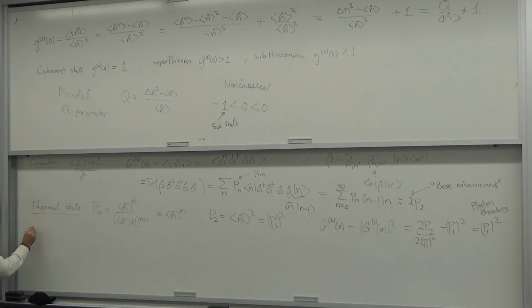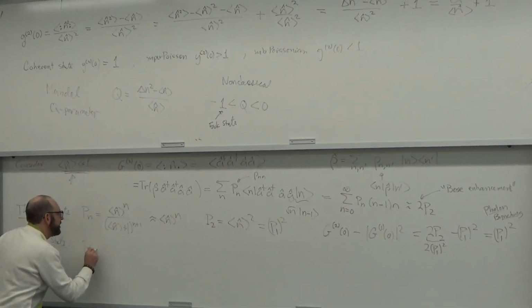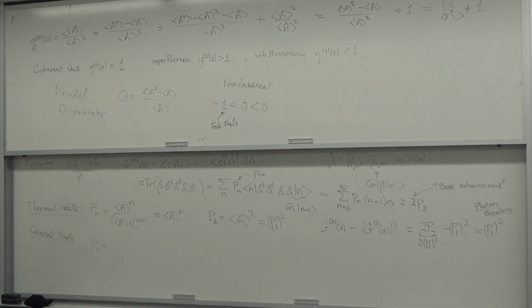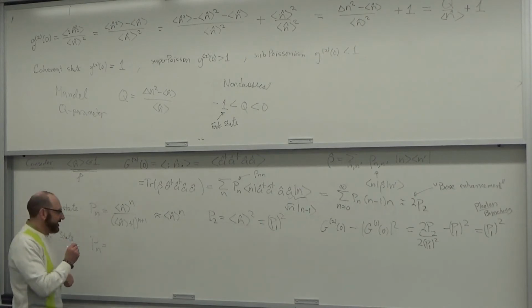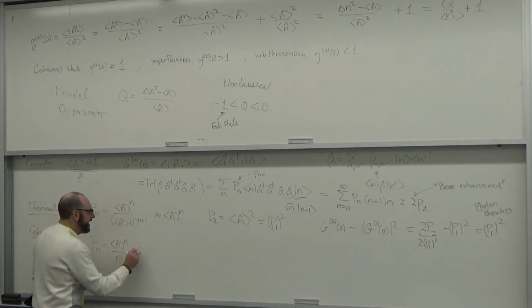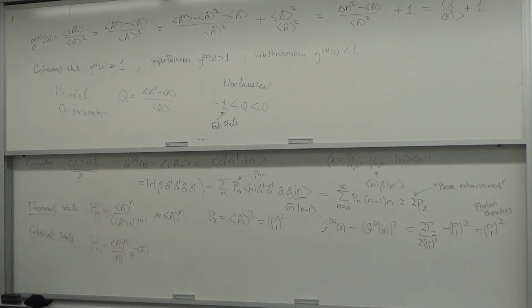What about for the coherent state? What is the probability of there being n photons in the mode? Poisson distribution. Yeah, it's a Poisson distribution. So it's the mean n to the power n over n factorial e to the minus average n. Right? That's the Poisson distribution. This is the Bose-Einstein distribution.